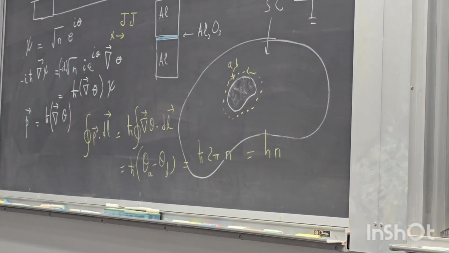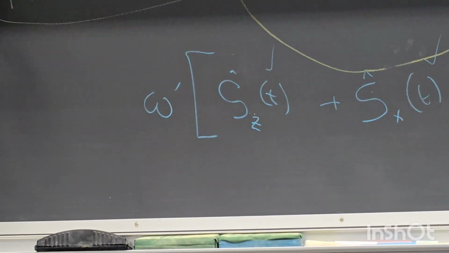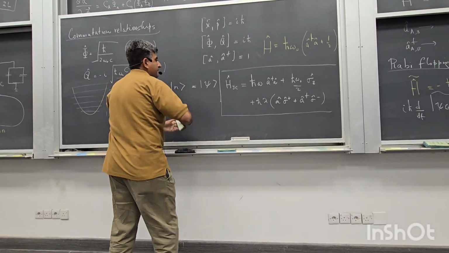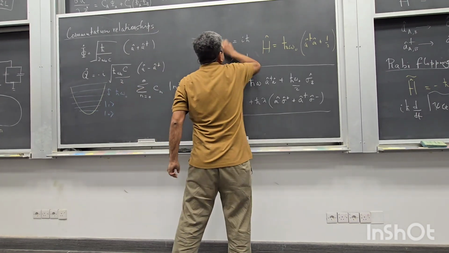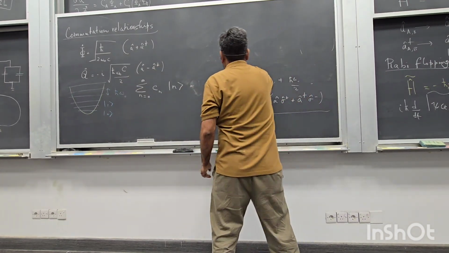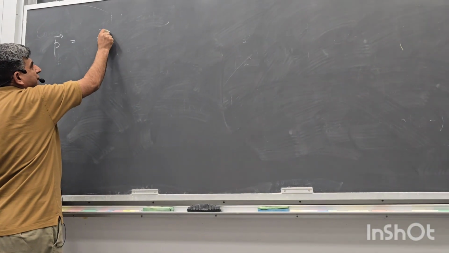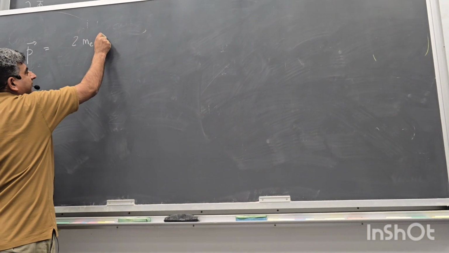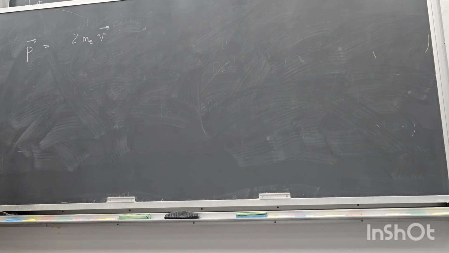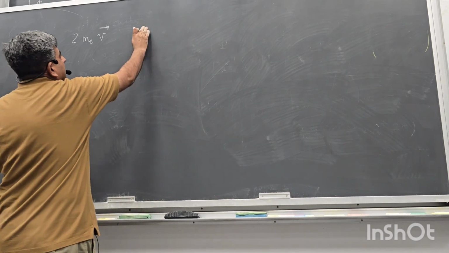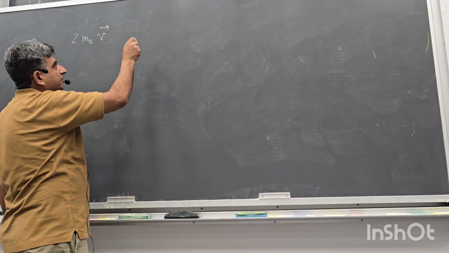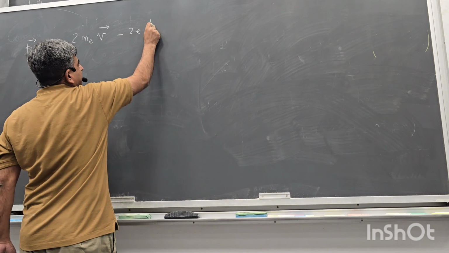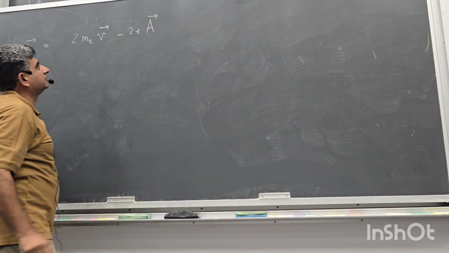So it is the mass of the Cooper pair, which is 2 times the mass of the electron, times the velocity of the Cooper pair, plus the charge on the Cooper pair, which is minus 2e, times the magnetic vector potential.